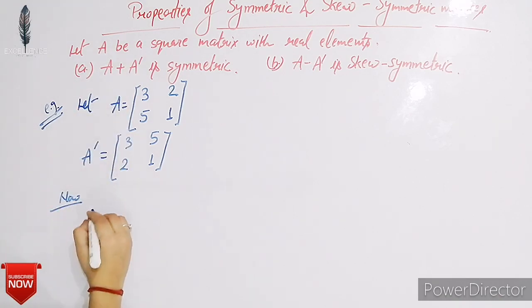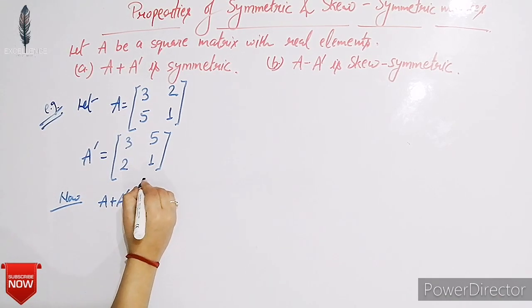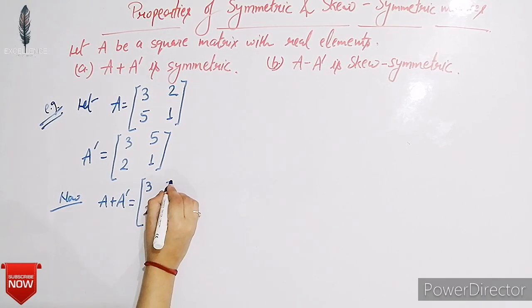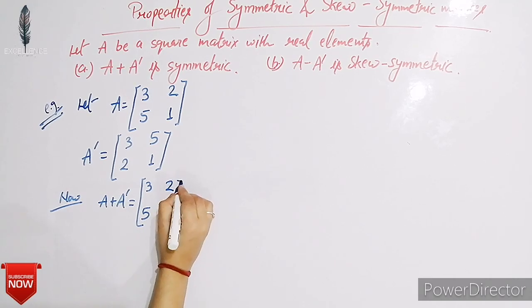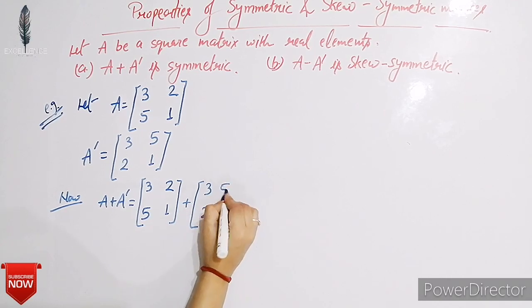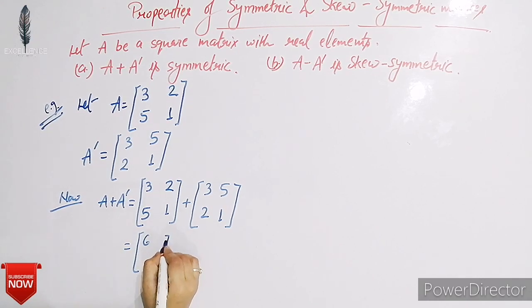Now, according to the property, we have to find A plus A dash. So 3, 5, 2, 1 plus 3, 2, 5, 1. On adding the corresponding elements, we have 3 plus 3, 6, 2 plus 5, 7, 5 plus 2, 7, 1 plus 1, 2.